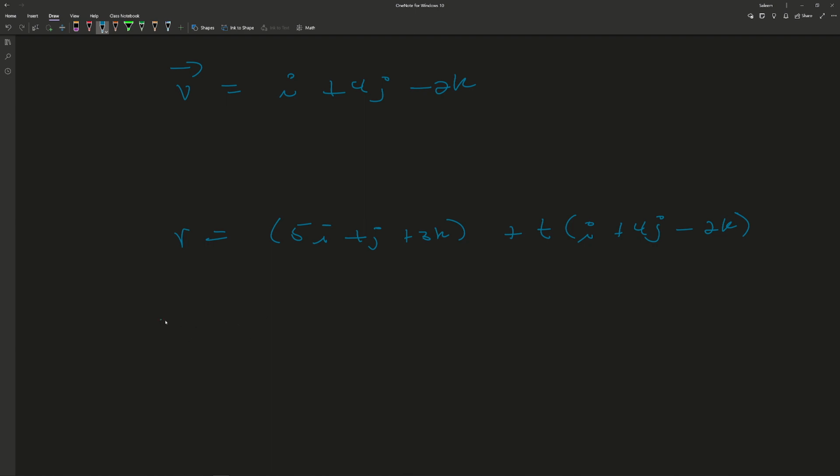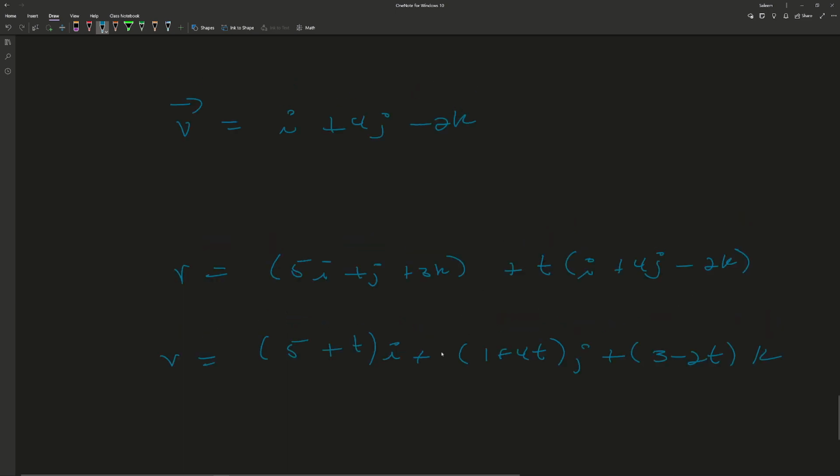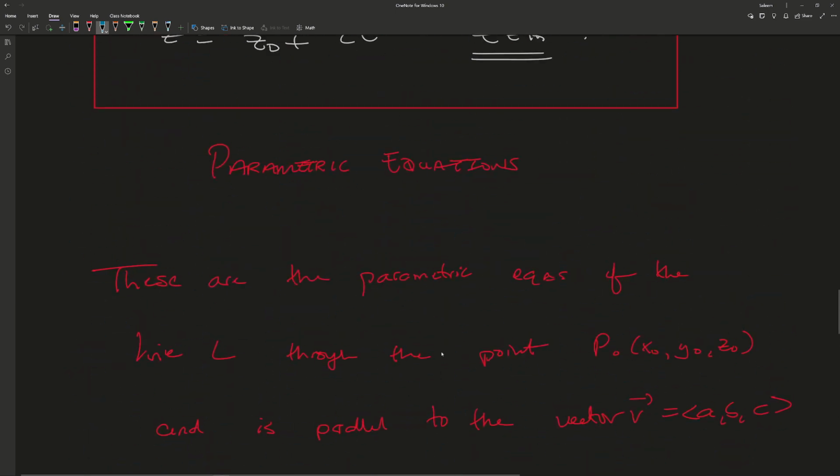So r is equal to (5 plus t) i, since t by i just gives me t, and then we can factor out the i and do the same for the rest: (1 plus 4t) j plus (3 minus 2t) k. So using this, what is my parametric form?